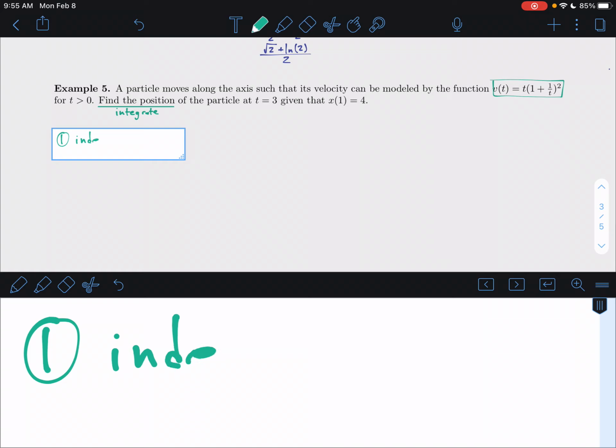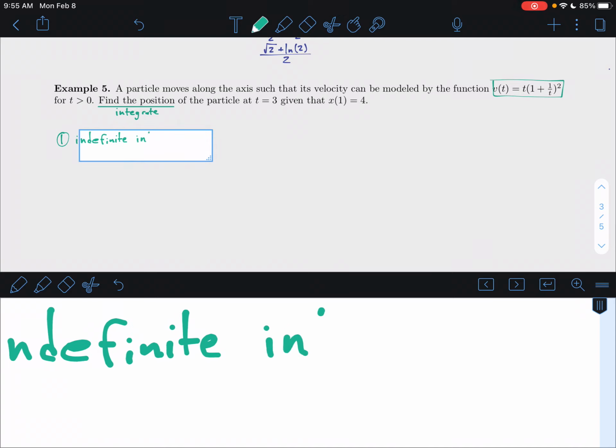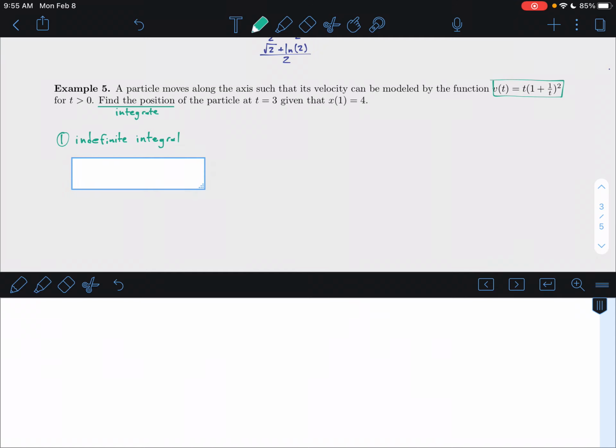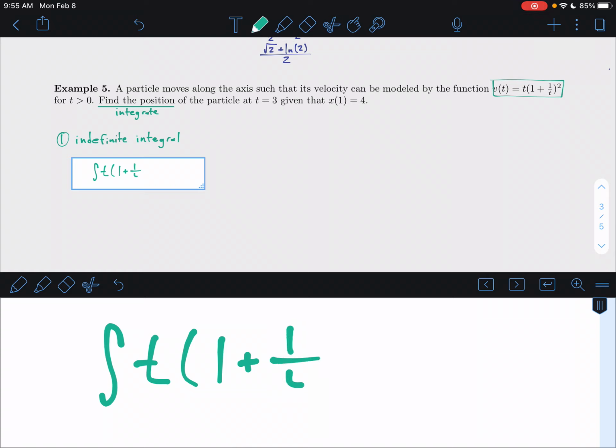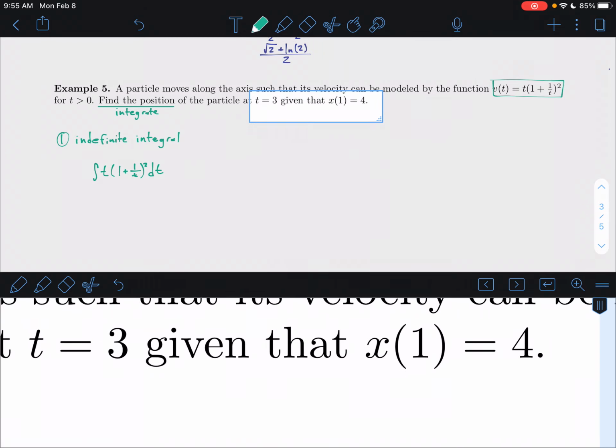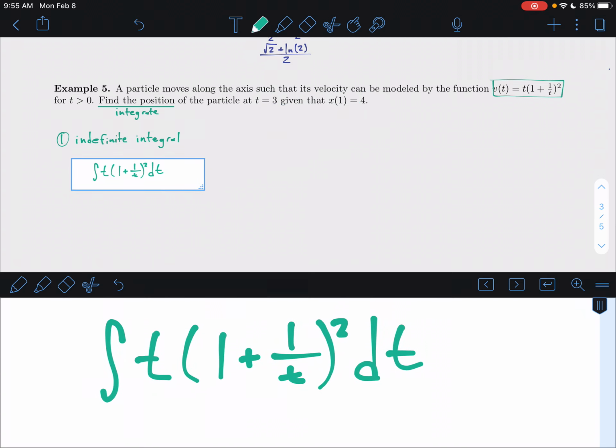Indefinite with an E. You'd take the indefinite integral of t times 1 plus 1 over t squared dt, evaluate the position function of that plus c, and use this information here to find c, and that's perfectly valid. That would work just fine.